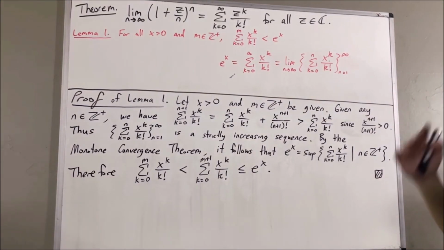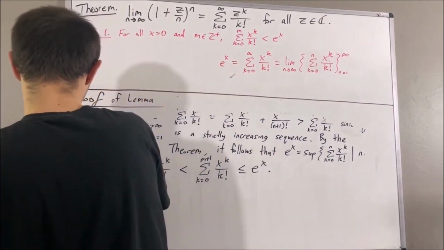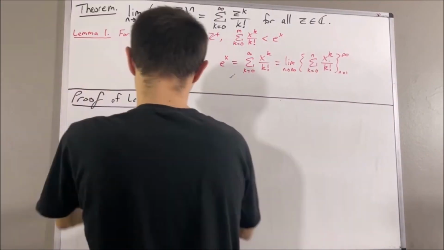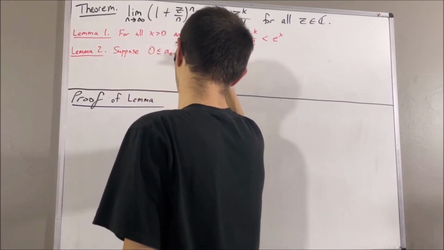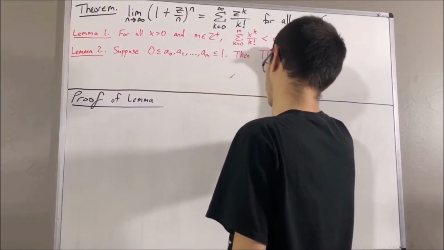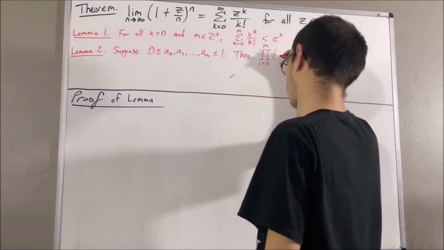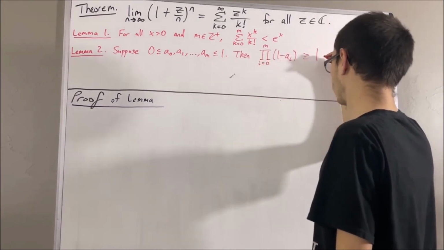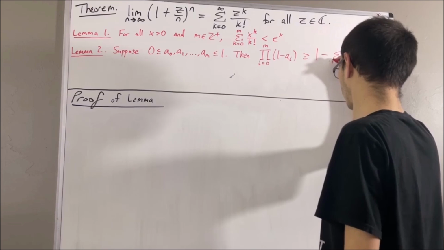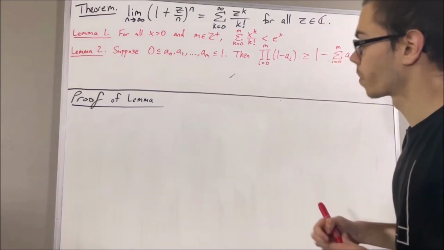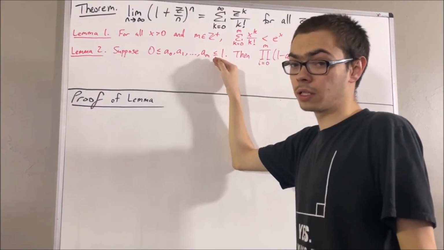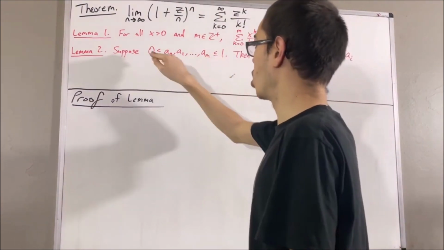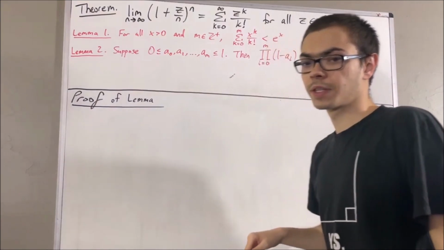Now let's look at lemma 2. Suppose a0, a1, ..., am is a list of real numbers, all between 0 and 1.